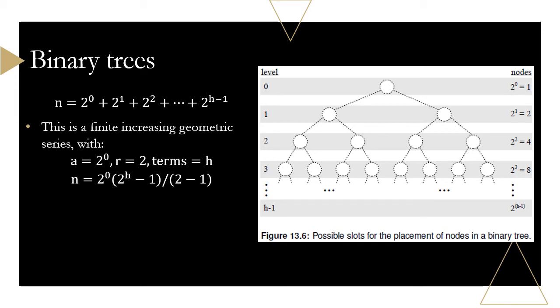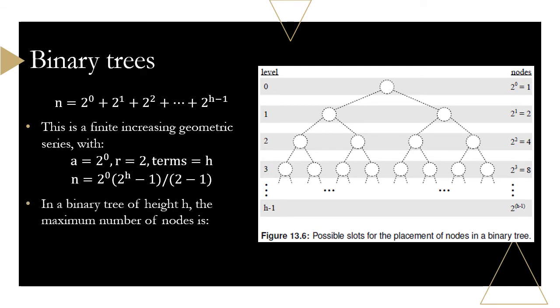So the formula for summation is a times bracket open r raised to the number of terms minus 1 bracket closed divided by bracket open r minus 1 bracket closed. That formula I have used over here. And in a binary tree of height h, the maximum number of nodes is 2 to the power h minus 1.